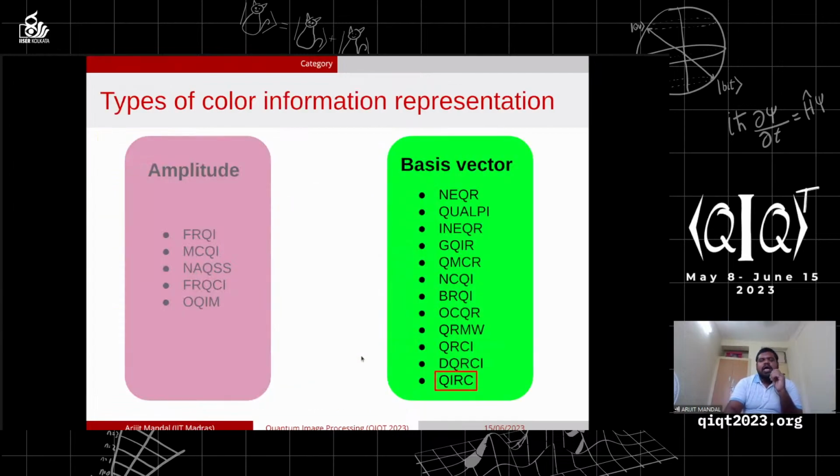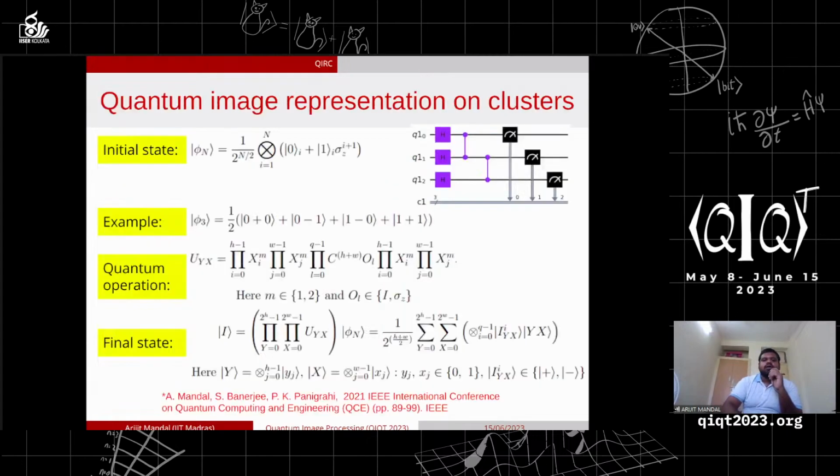Now I will move to another image representation protocol under the basis vector representation category. Here, instead of using a normal state, the images are represented on a cluster state. And here, to represent the images, a mixture of both computational basis and diagonal basis is used.